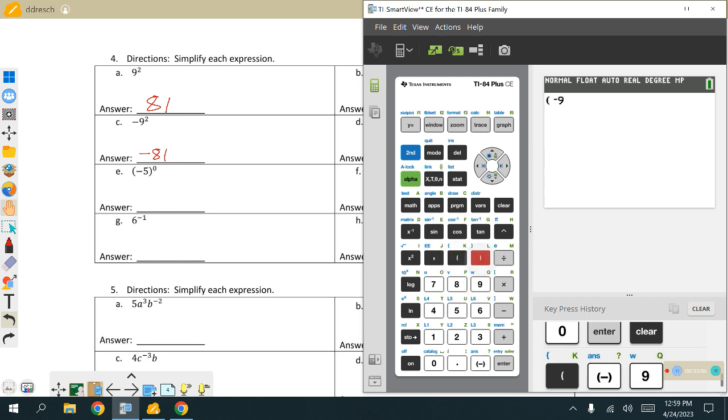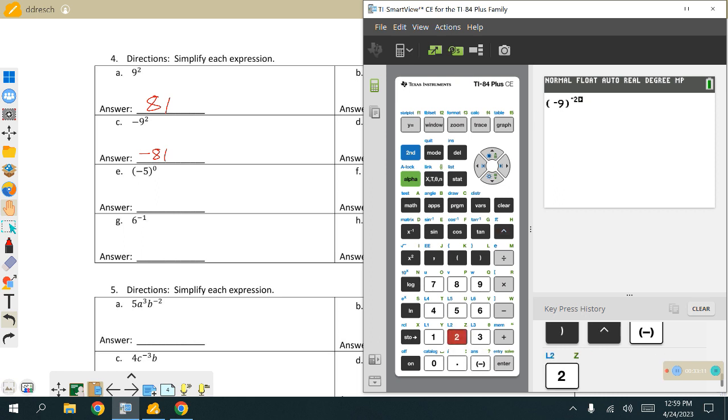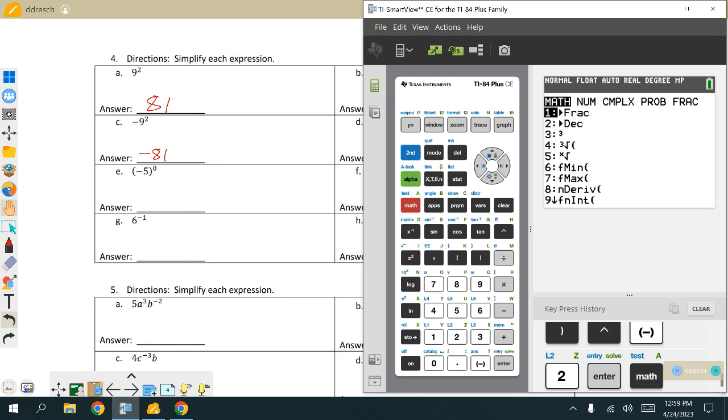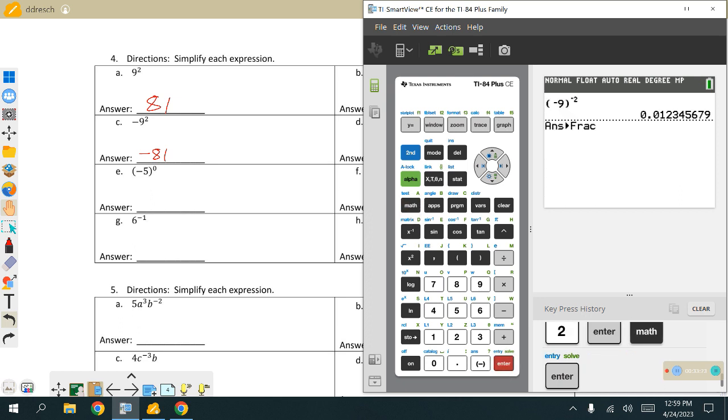Whatever is exactly on your paper, go right to your calculator, type in exactly what's on your paper, hit enter. That is an ugly answer. How do we get rid of ugly answers? Math, option 1, change that to a fraction. Your calculator changes that back to a nice number. Okay? Desmos.